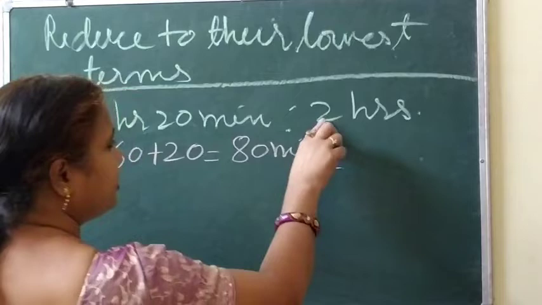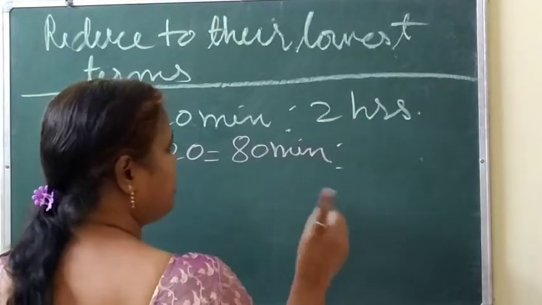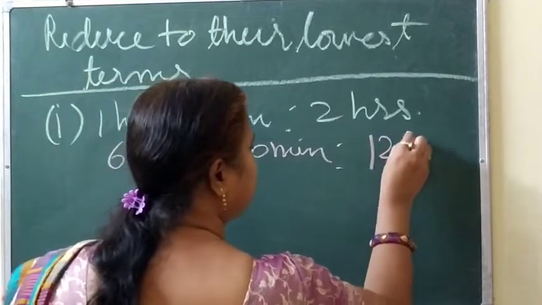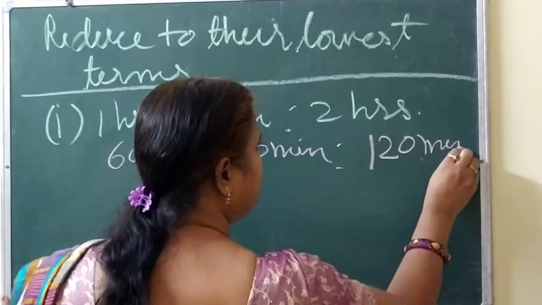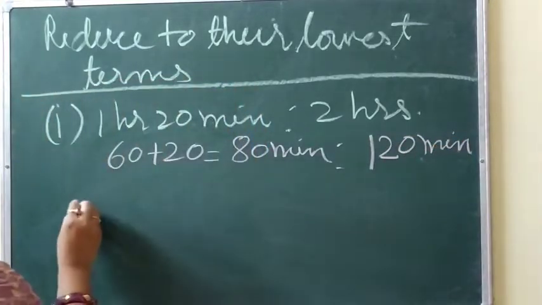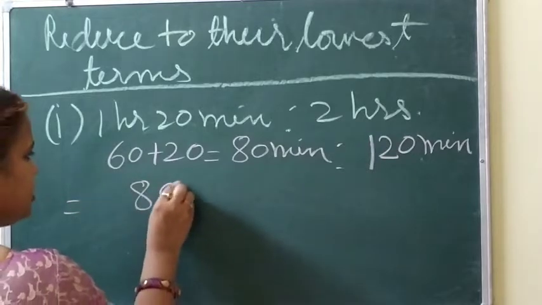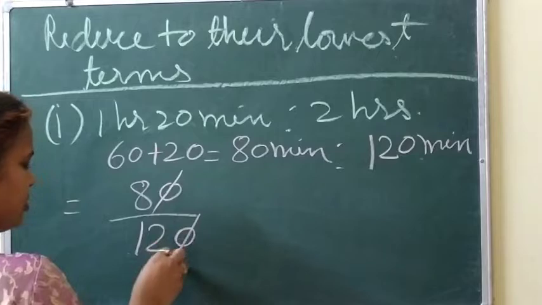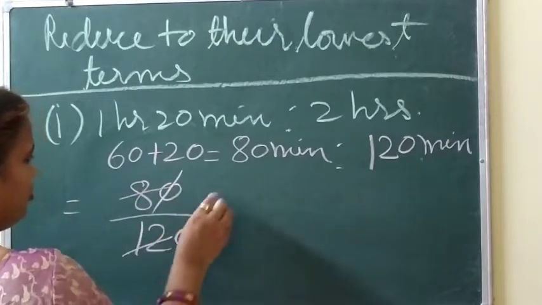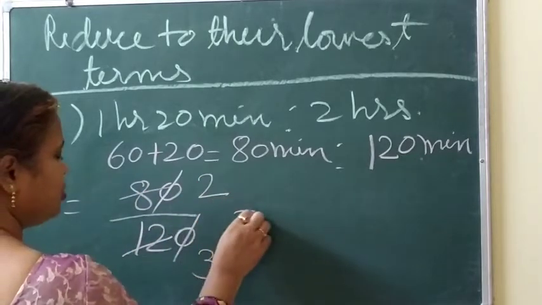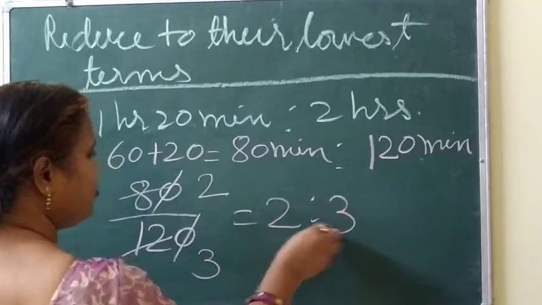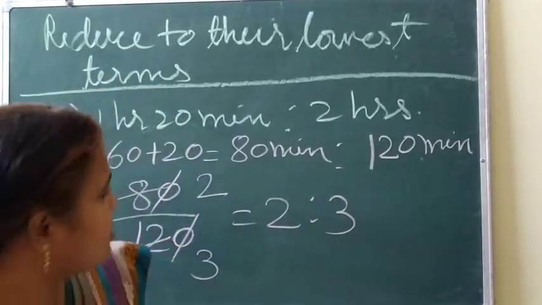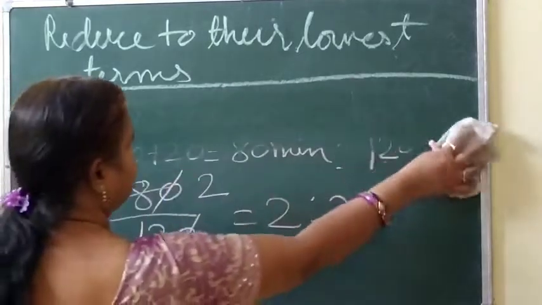And here 2 hours means 1 hour equals 60 minutes, so 2 hours is equal to 120 minutes. So we have to find the ratio between 80 and 120. So 0, 0 cancel. Then 4 2s are 8, 4 3s are 12. So the answer is 2:3. Clear? Now the next subpart.